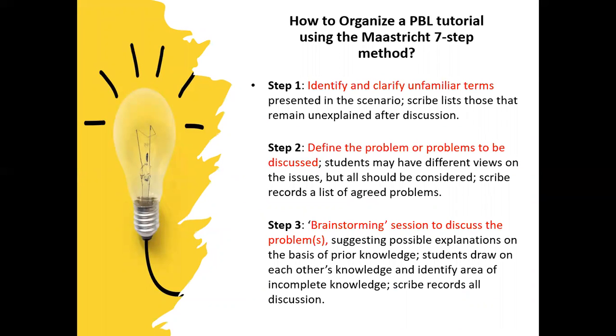Then, how to organize a problem-based learning tutorial using the Maastricht 7-step method. Number one, identify and clarify unfamiliar terms presented in the scenario. Scribe lists those that remain unexplained after discussion.